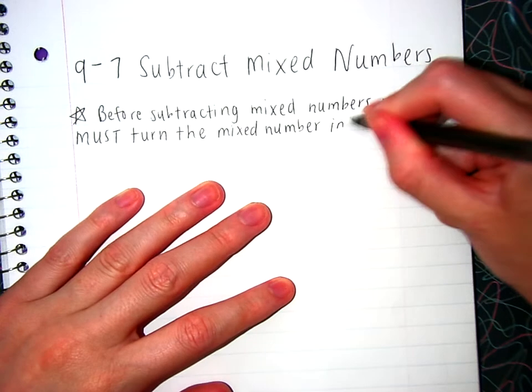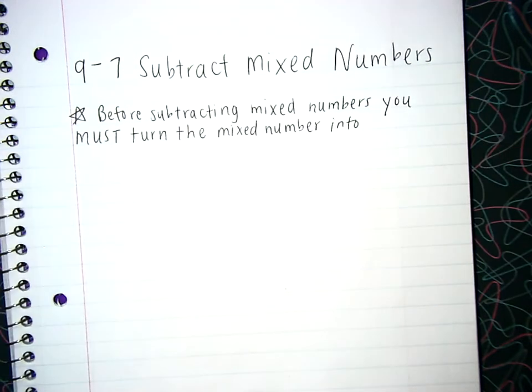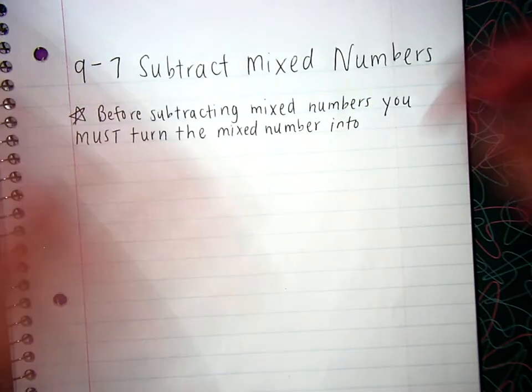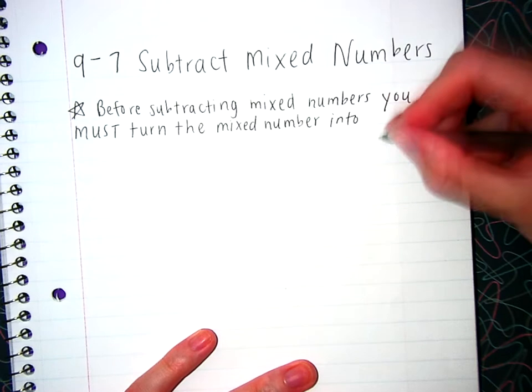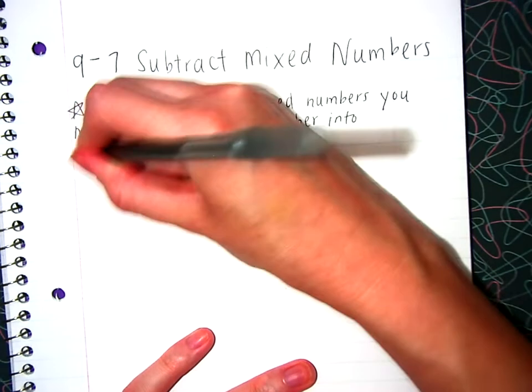And this is what we were building on in lesson 8. That's why we went over what an improper fraction is. So you must turn the mixed number into an improper fraction.